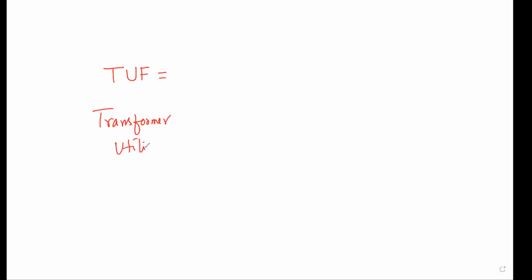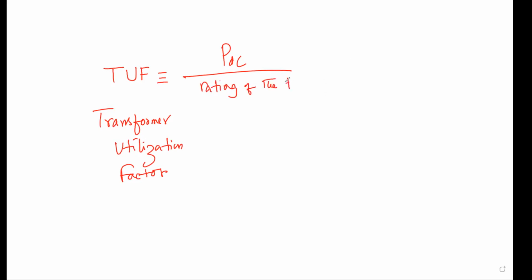That is defined as PDC divided by the rating of the transformer in volt-ampere, that is, the secondary RMS voltage and secondary RMS current.